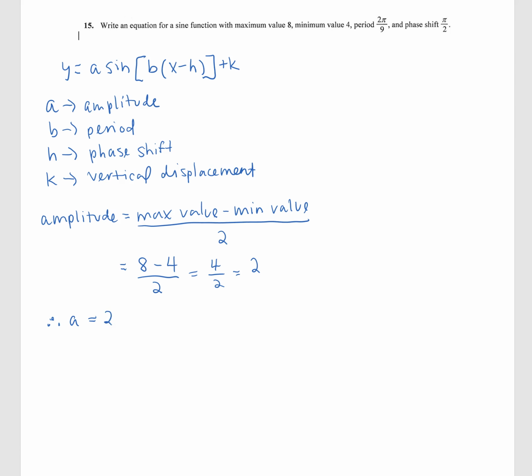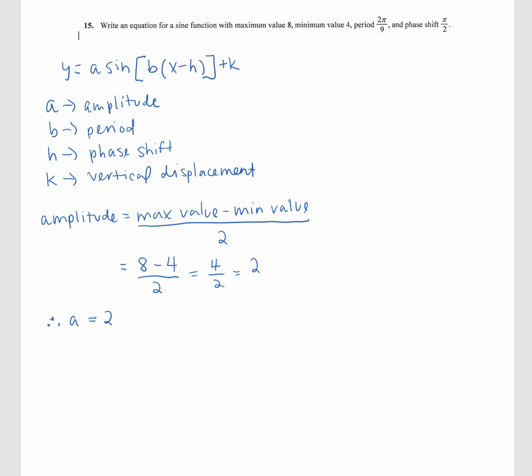Okay, moving on to the period. The normal period of the sine function y = sin x is 2π, and this period changes due to b.